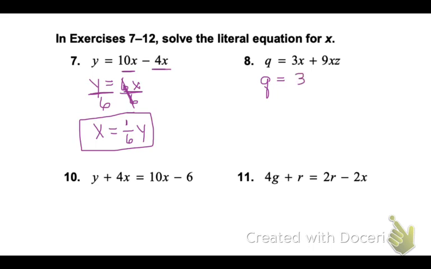If we factor out the 3x, we're left with 1 plus 3z. Now we're solving for x, so x is being multiplied to 3 and it's being multiplied to the expression 1 plus 3z, so we could divide both sides by 3 times the quantity 1 plus 3z.